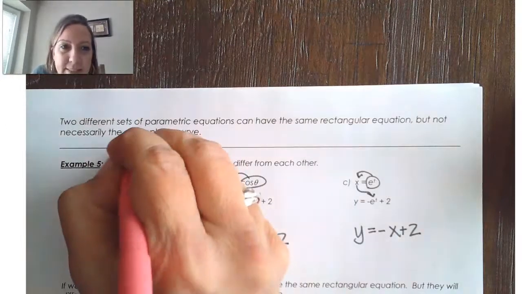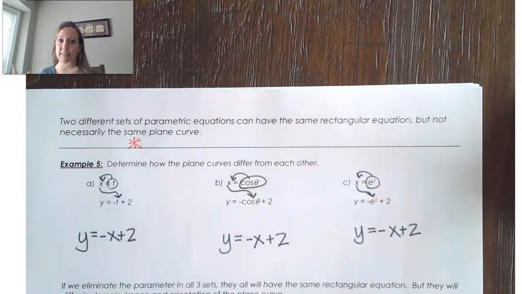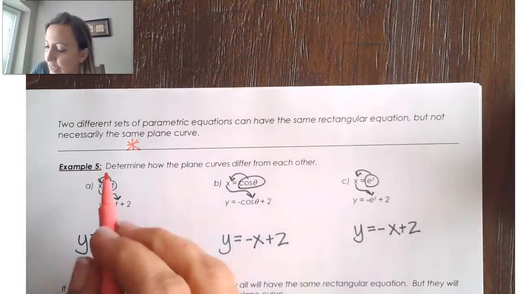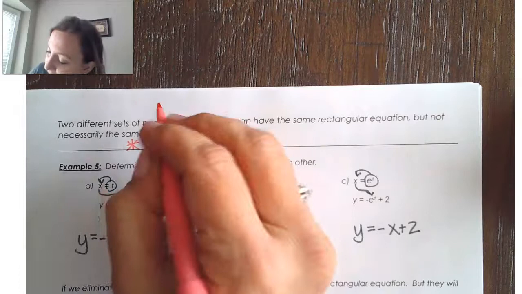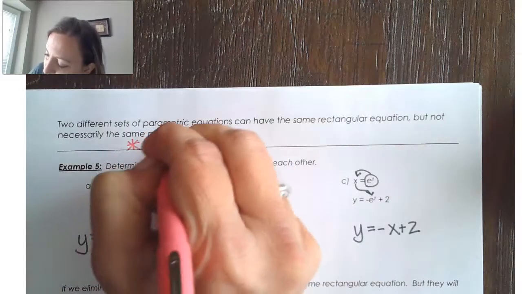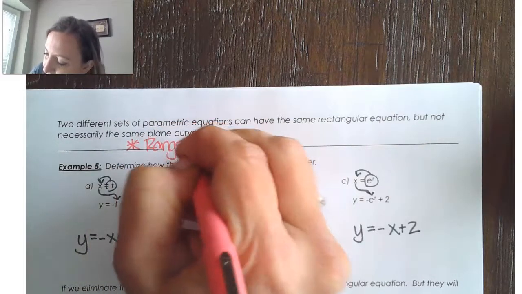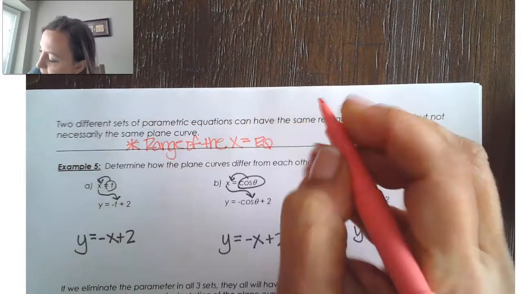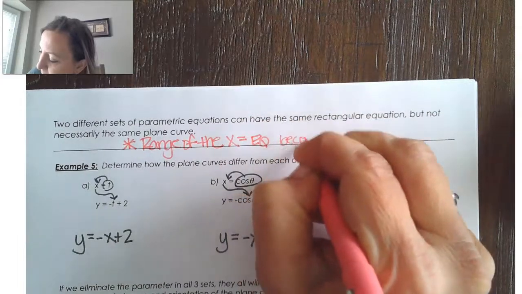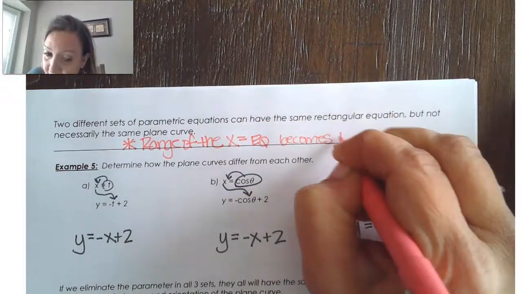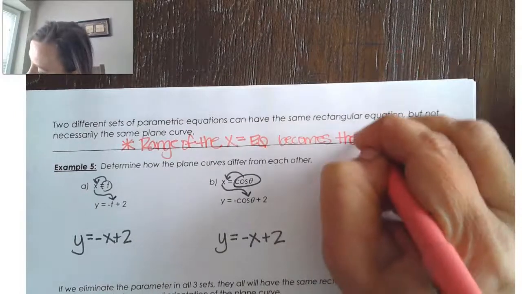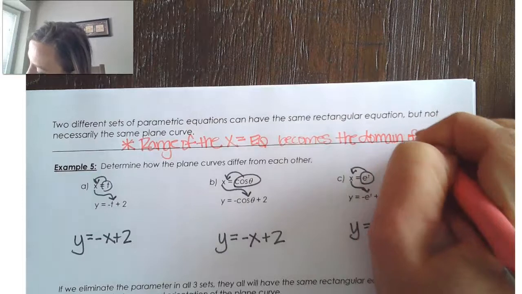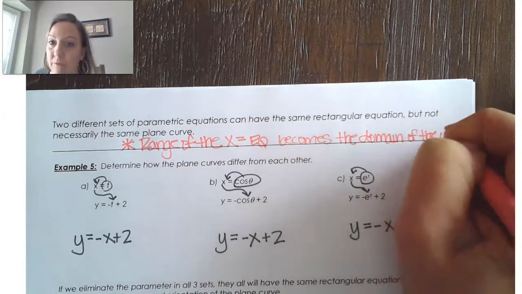Basically, because we're substituting the whole x variable in for t here, the range of the x equals equation becomes the domain of the y equals equation.